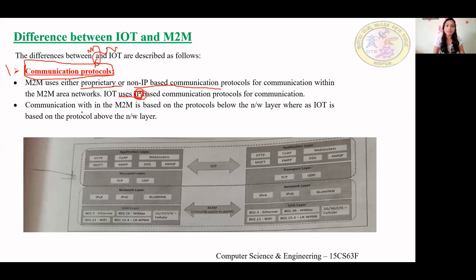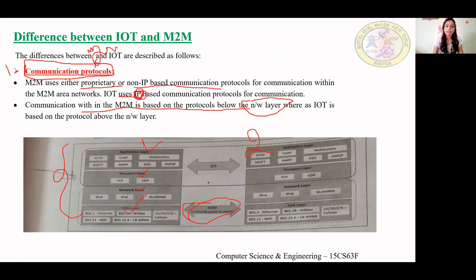Then communication within M2M is based on protocols below the network layer. You have four layers, right? Link layer, network layer, transport layer, and application layer. If you have two devices, say device 1 and device 2, for both the devices these four layers will be there.